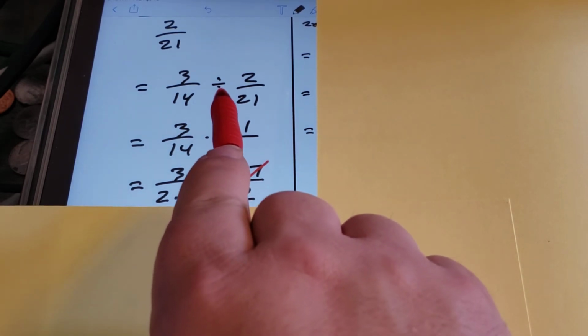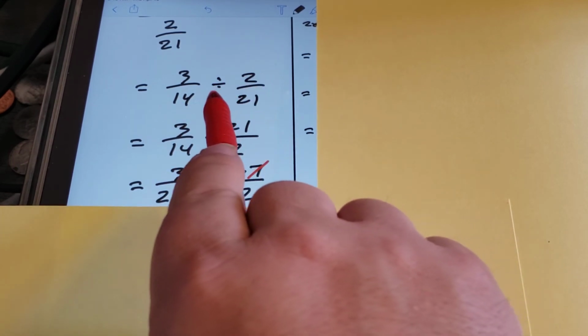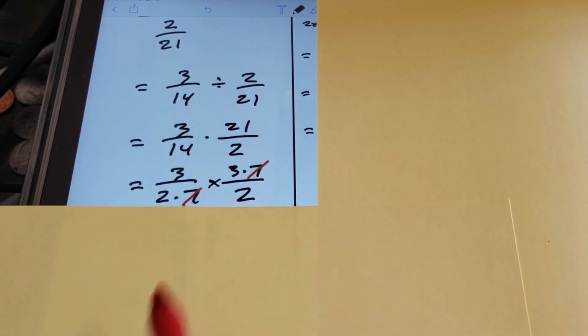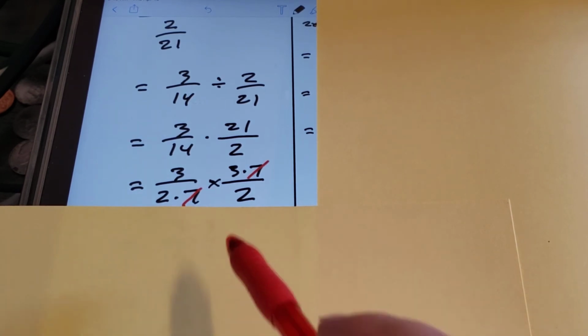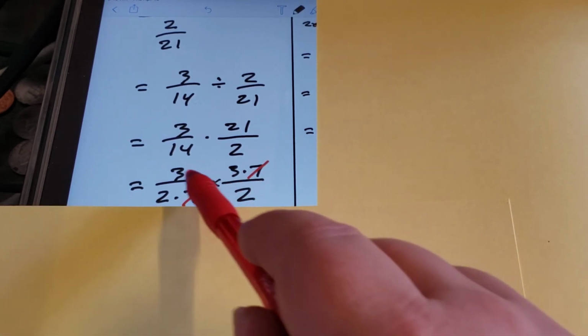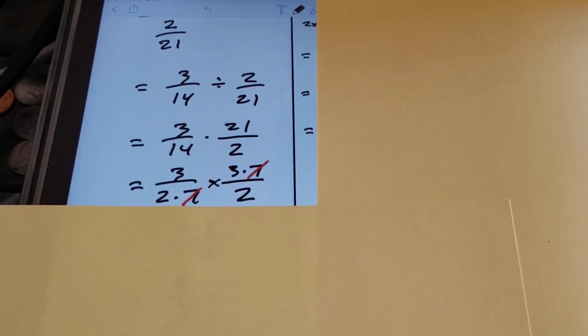The point I want to make is that it only works for multiplication. For example, way back up here, I couldn't cross cancel this 14 and that 2. That's not multiplication. So the symbol suggests that I can cancel this way and cancel this way. That's why I use that symbol when I'm about to cross cancel for the first time.